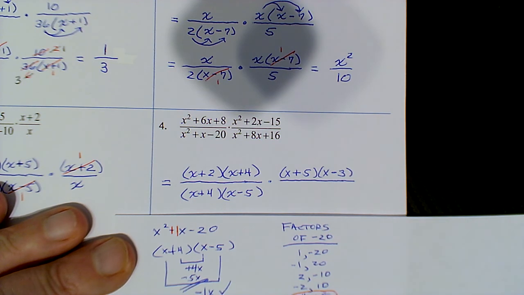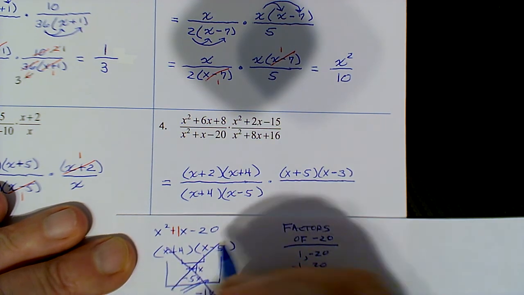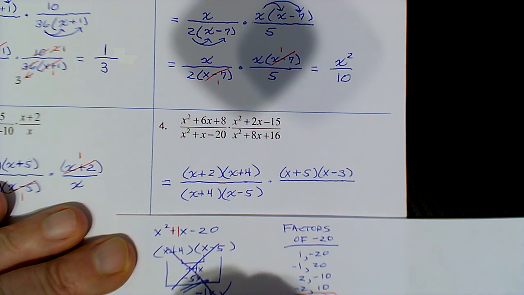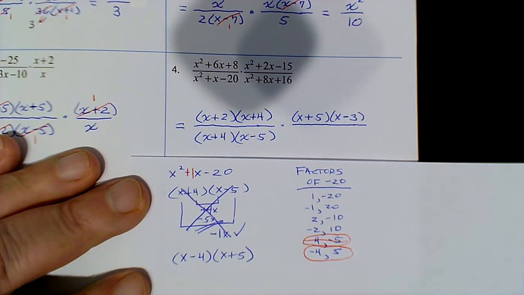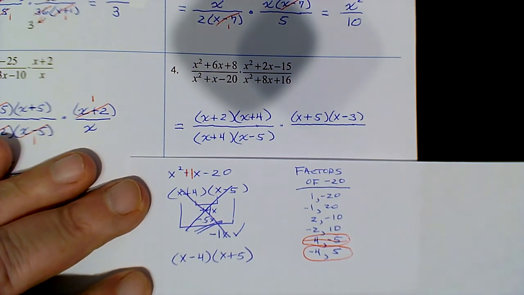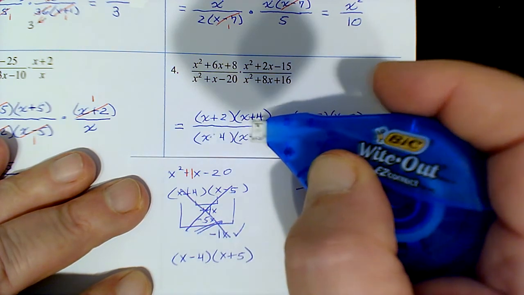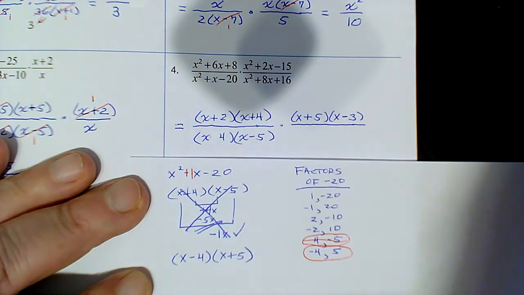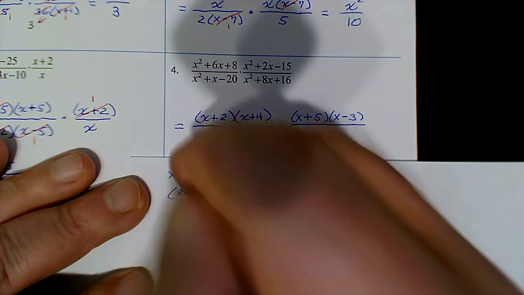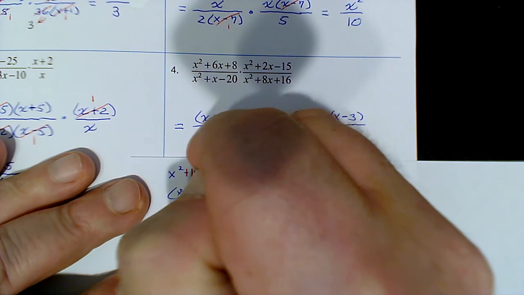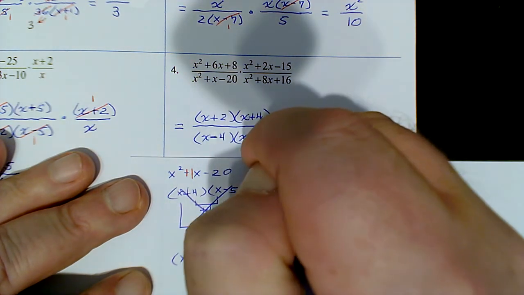Okay, so we scratch that out. So it was x minus 4 and x plus 5. That was the correct factorization. So let me fix that here, and again I apologize. So this should have been a minus 4 and a positive 5.